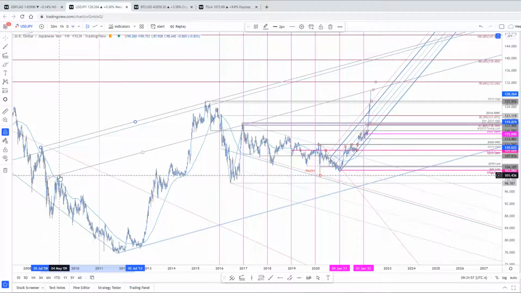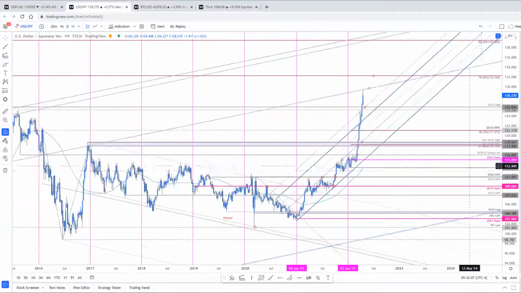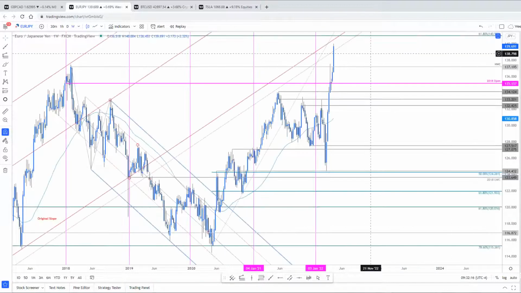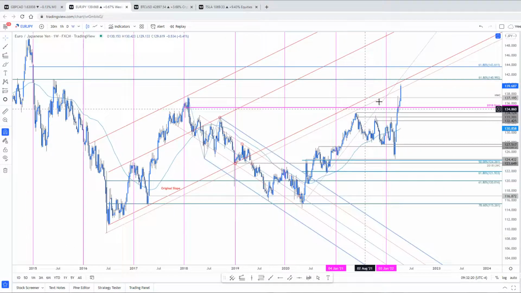Resistance, resistance, break, support, break, resistance, resistance. We just hit it this week on dollar yen. Euro yen, similar, maybe a little higher, but it's a slope range we've been watching from the original slope. So anything's fair game for an exhaustion high in this region.